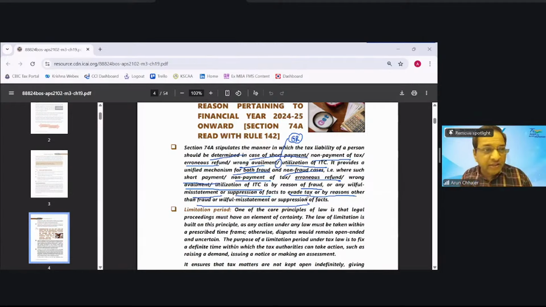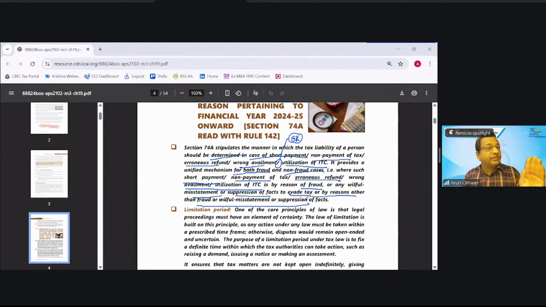What is the main reason to merge these two provisions together? The problem was the time limit, because normally 73 talks about 3 years and 74 talks about 5 years. For making the demand under 74, the officer has to prove the malafide intention. If he is unable to prove the malafide intention, very interesting thing you should know.